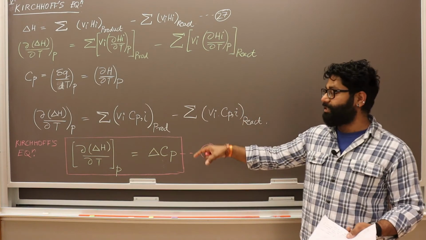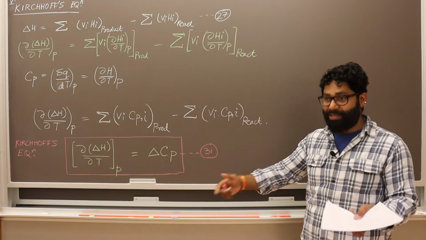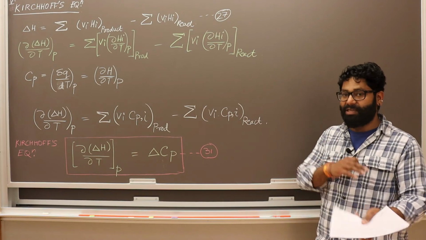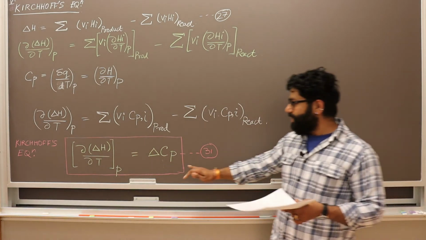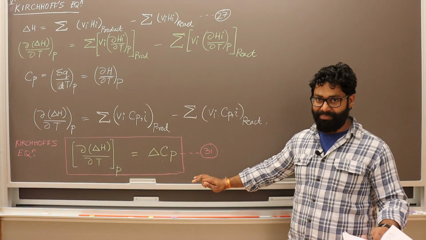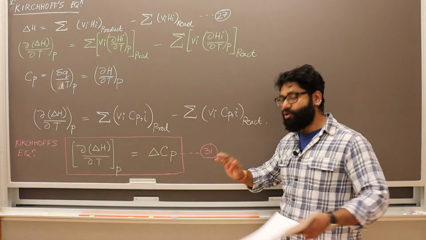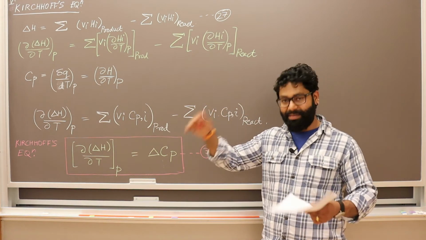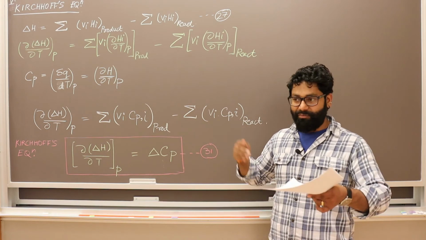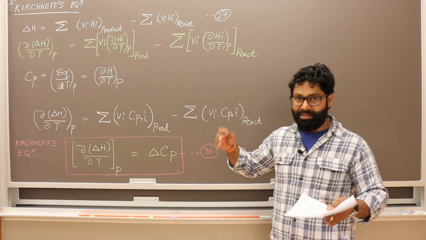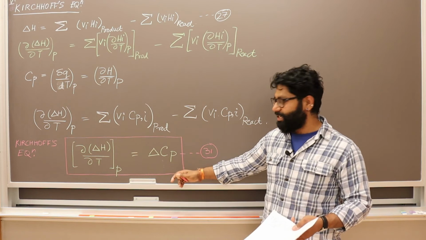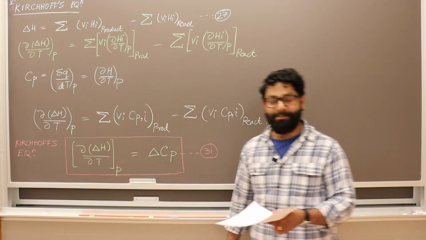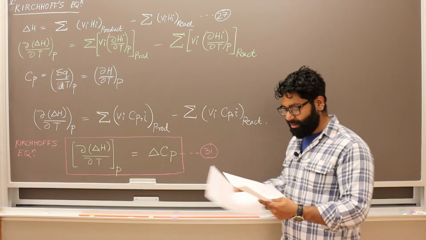That should be included in Kirchhoff's law to find out the enthalpy change in a reaction which has phase changes in it. Generally this is valid for any reaction that does not have any phase change. If you have a phase change, you have to additionally supply those heat capacities and other variables that are changing for the phase changes in this equation to find out the change of delta H by delta T.